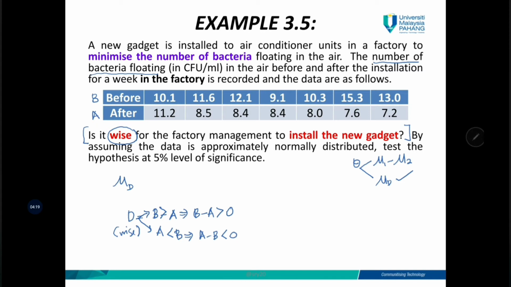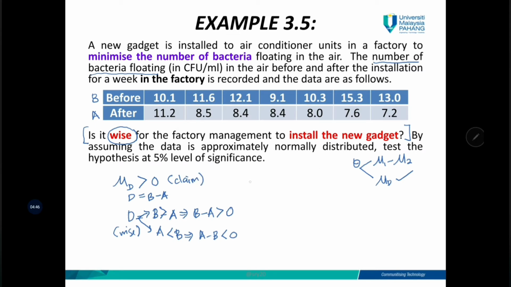For the first version, choosing B minus A, this is mu d greater than 0, where d equals B minus A, and this is the claim that it is wise to install the gadget.